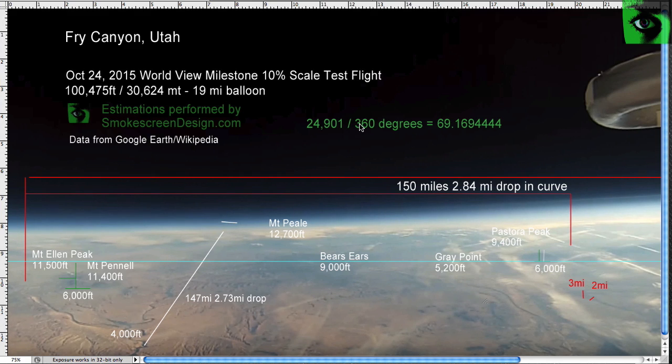So we want to determine the degree of change between two objects. If we divide the circumference by 360 degrees, we come out with 69.1694444 miles. That's why a lot of people just go with 69 miles. So for every 69 miles, there's 1 degree of change.